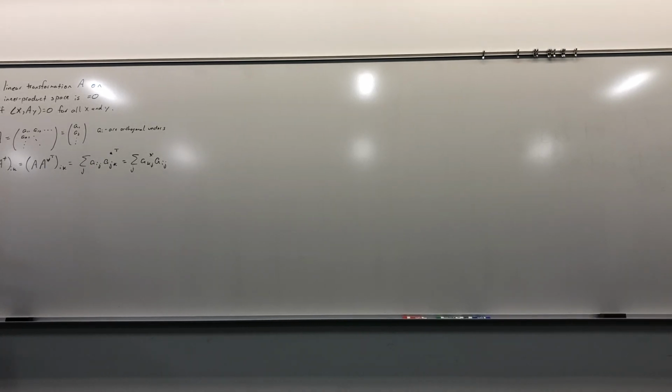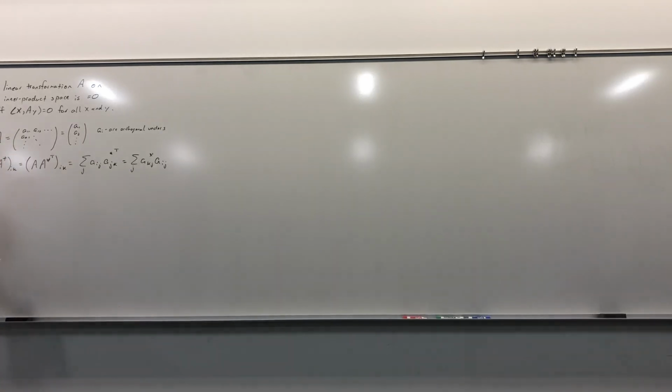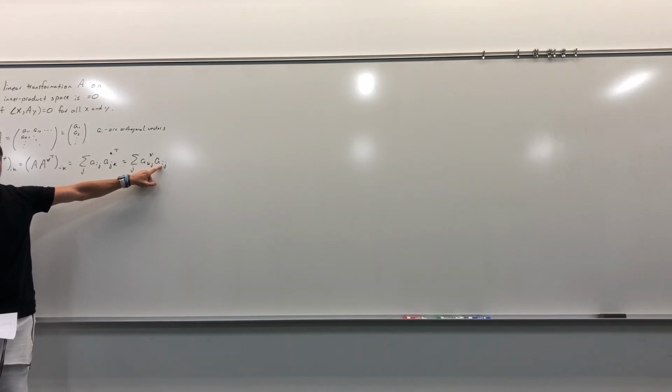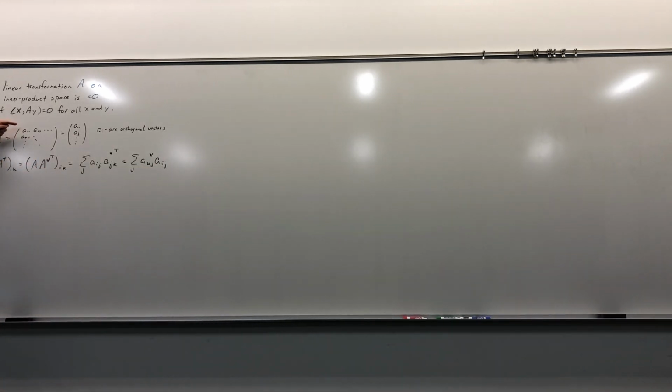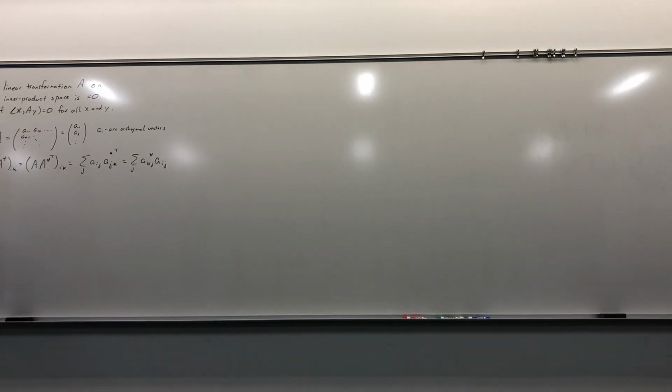Now, what does this look like? Remember, the first index on these is the row label. So this is taking row k and row i, and summing over the second index, which labels the elements of the row. So what is this doing?